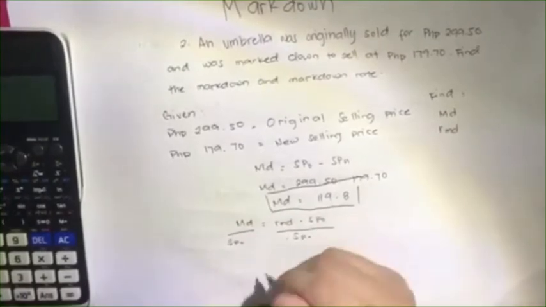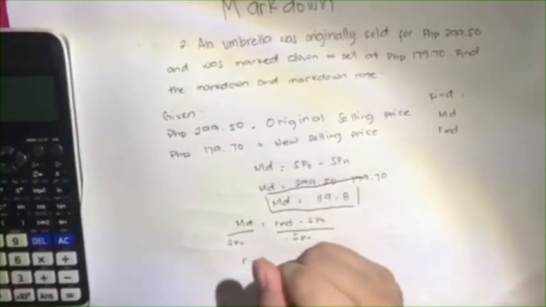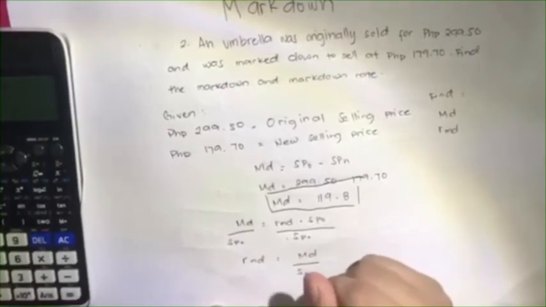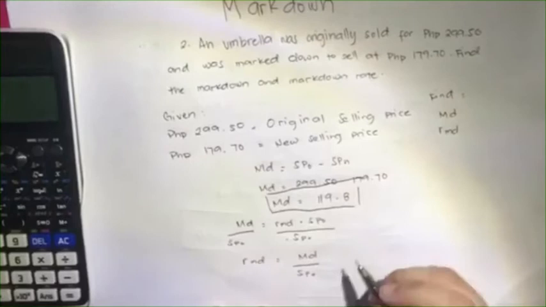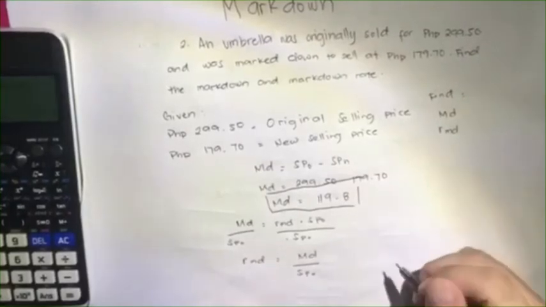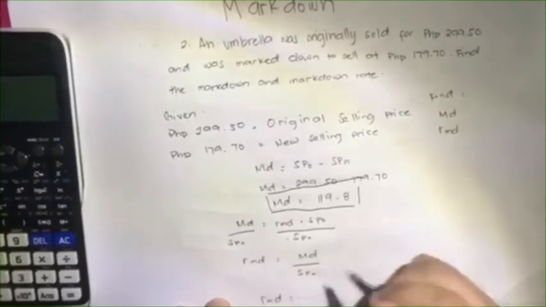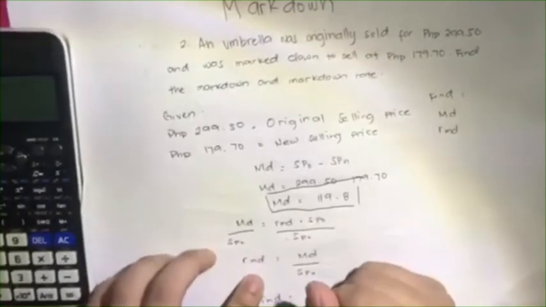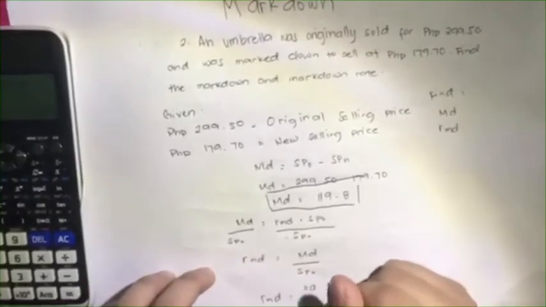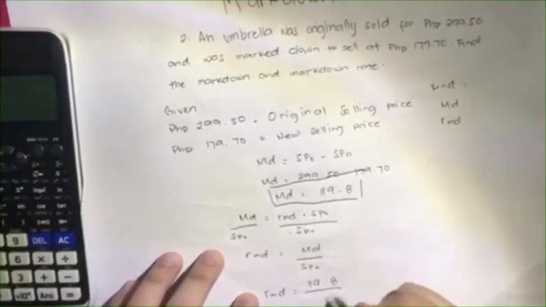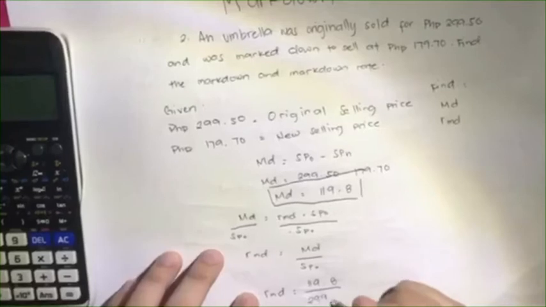So, cancel. So, we have rate of markdown equals markdown over original selling price. Then, substitute lang natin. Rate of markdown is equals to, markdown natin is 119.8 and our original selling price is 299.50.